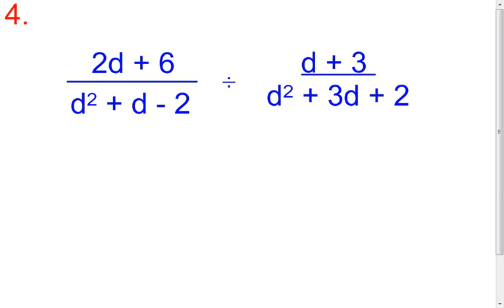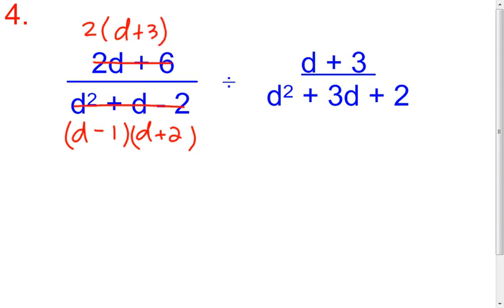So if I factor this down here, I should have not crossed it out first. But if I factor that, I have a d and a d, and a 1 and a 2, minus plus. If I factor up top, I can pull a 2 out, and then I will have a d plus 3. Okay?